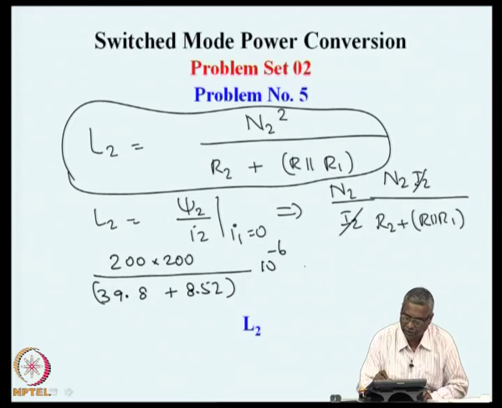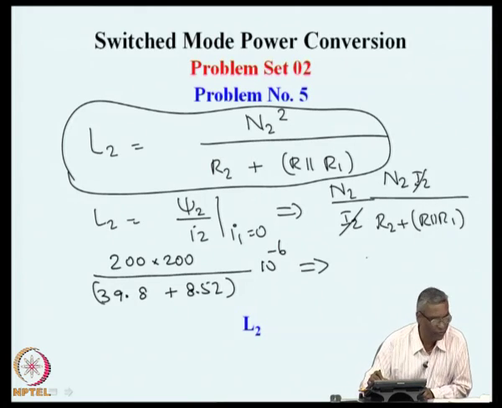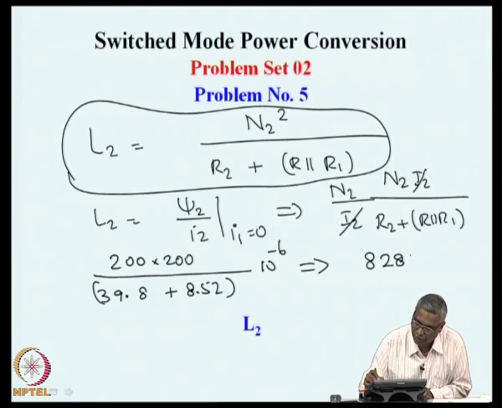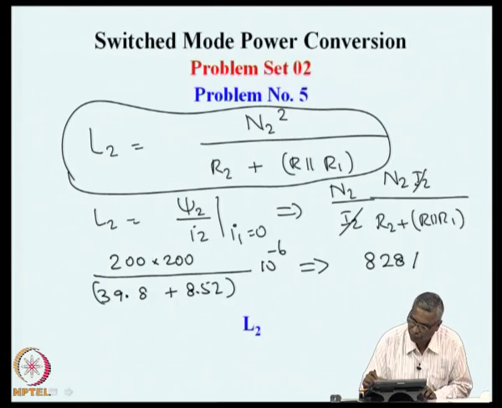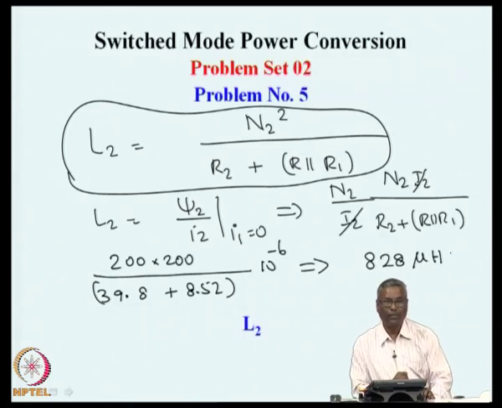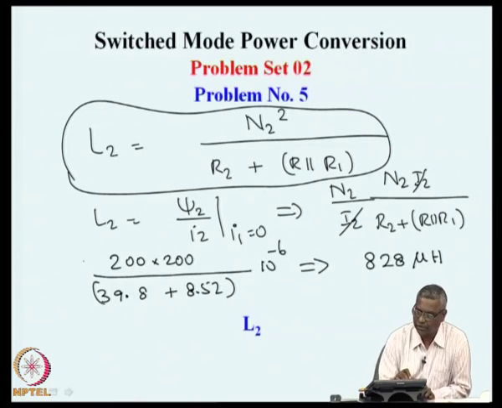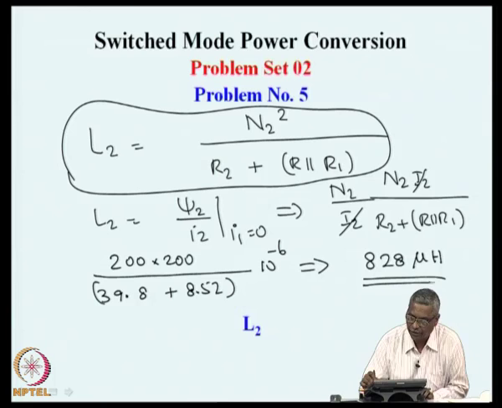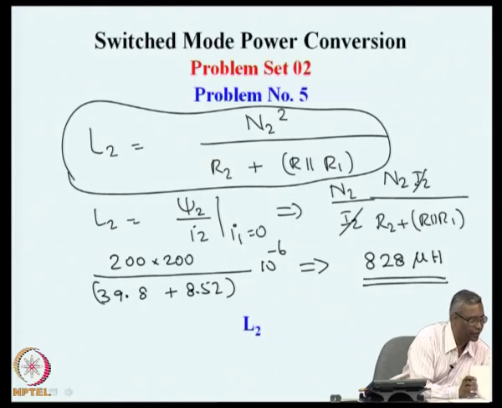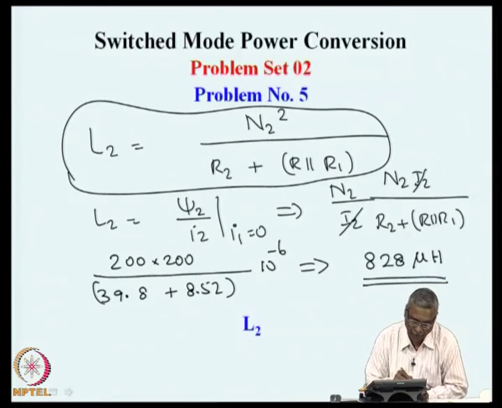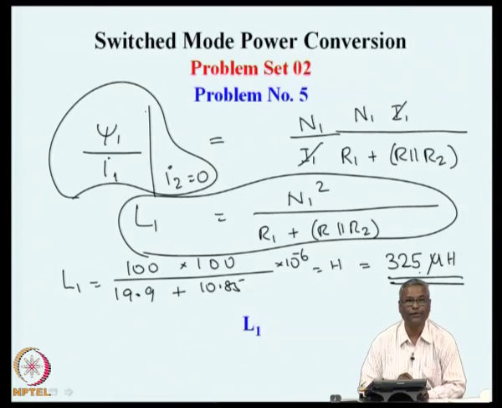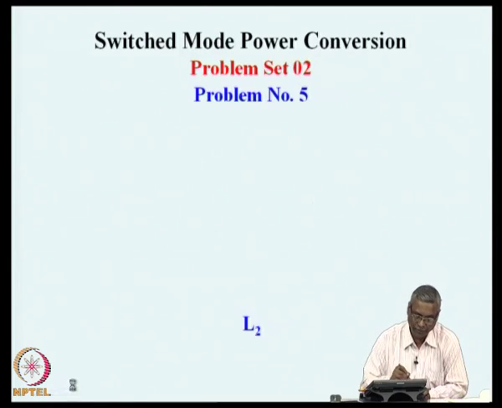So, with that 10 power minus 6, this turns out to be 828 microhenry. So, winding 2 has a self inductance of 828 microhenry, and winding 1 has an inductance of 325 microhenry.